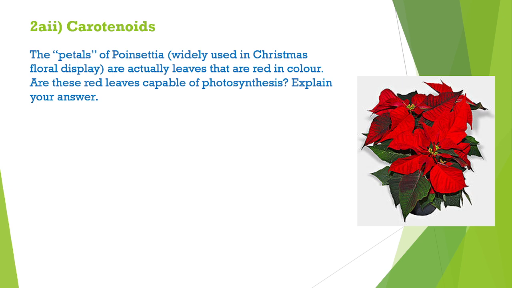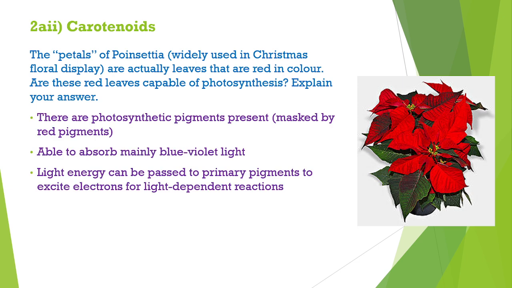Okay, if you have your answer, actually they can. The red leaves still have their photosynthetic pigments. There's still chlorophyll A, chlorophyll B, carotenoids. But there is so much red colored pigment that masks the colors of all these chlorophyll and other photosynthetic pigments.